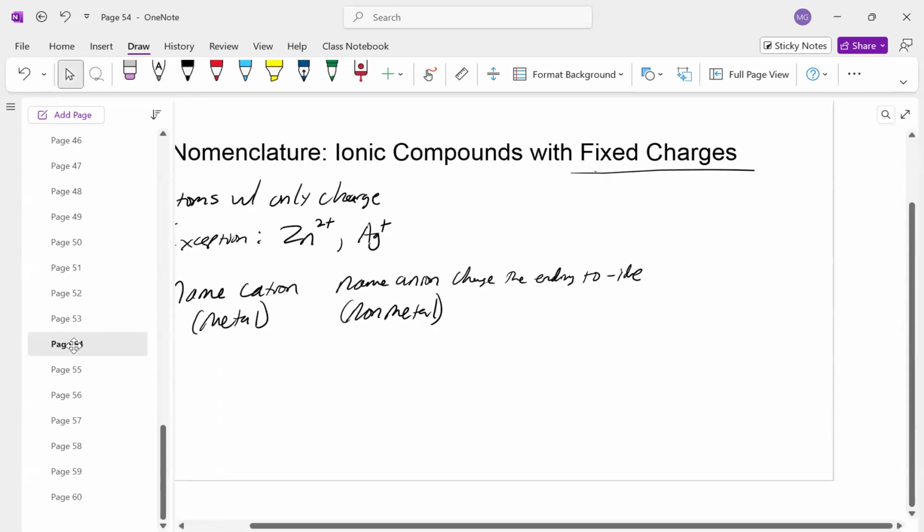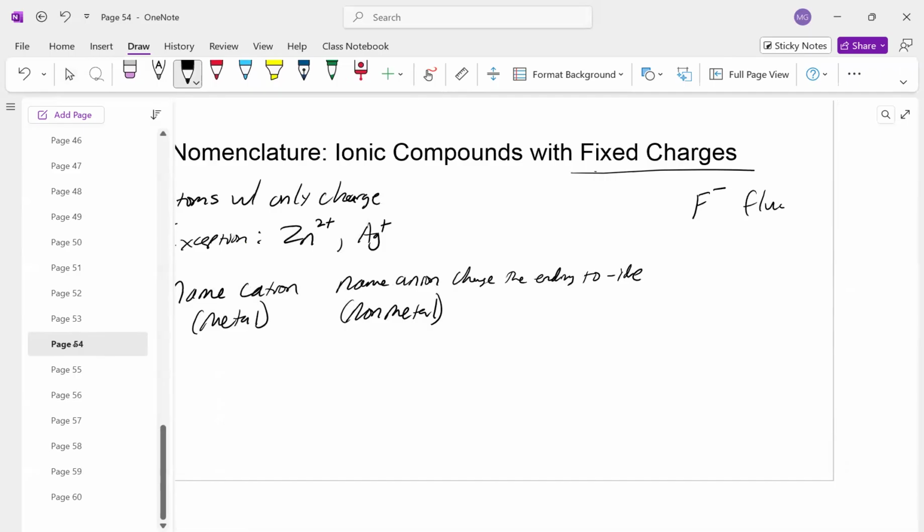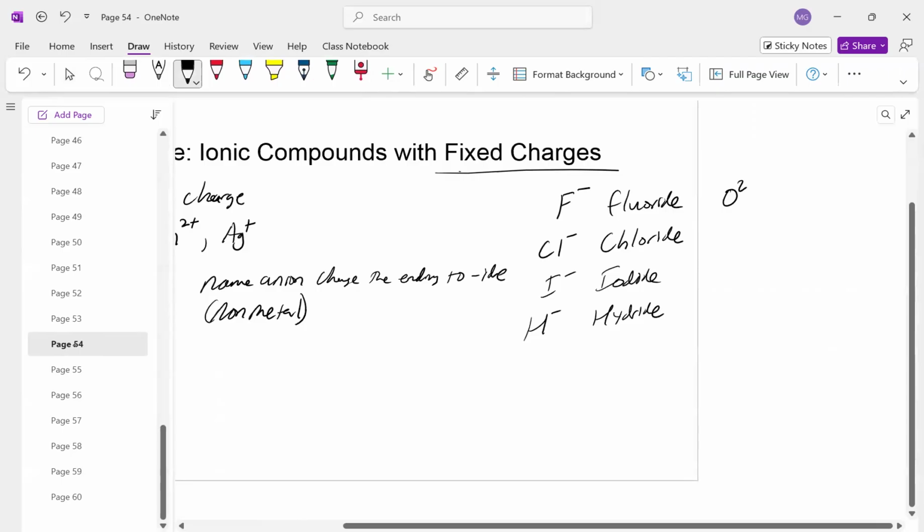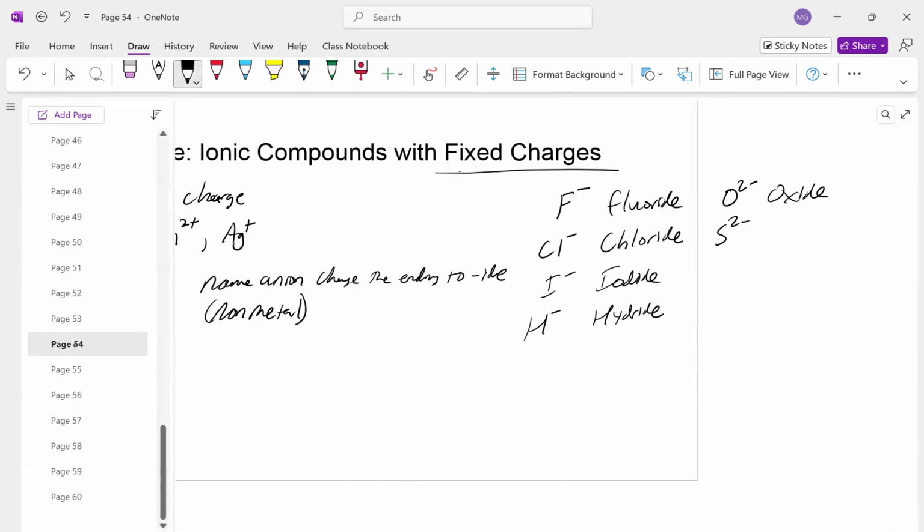For example, fluorine as an ion, F minus, is called fluoride. Or chlorine, the ion of chlorine, we call chloride. I minus would be iodide, H minus, hydride, O2 minus, oxide, S2 minus, sulfide, and N3 minus is nitride.